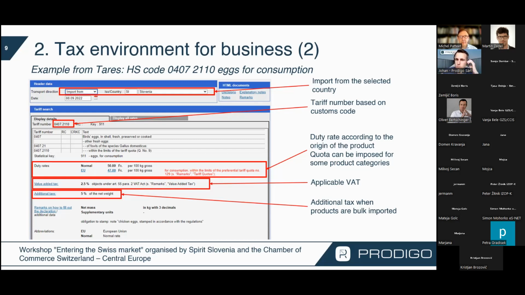Here, the reduced rate is applying for food products, so it is 2.5%. And finally, for some products, there are additional taxes that are applying for bulk imported products.